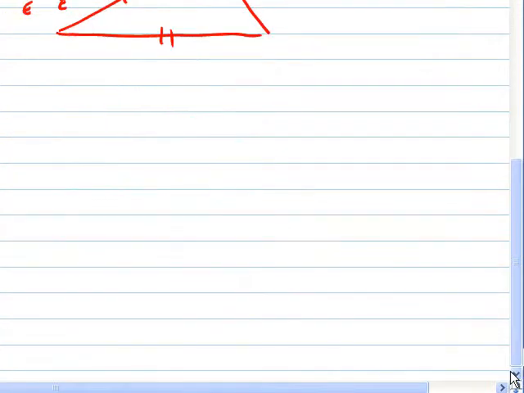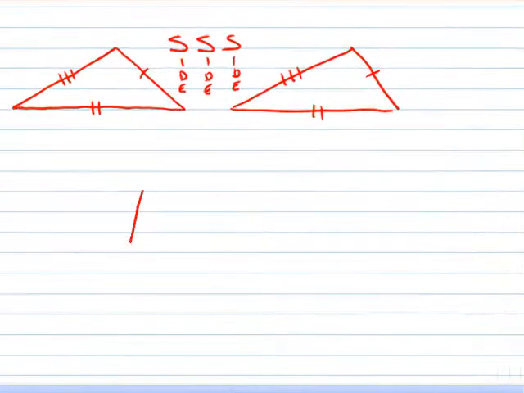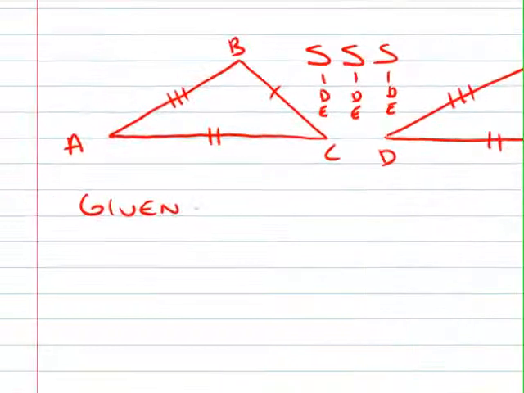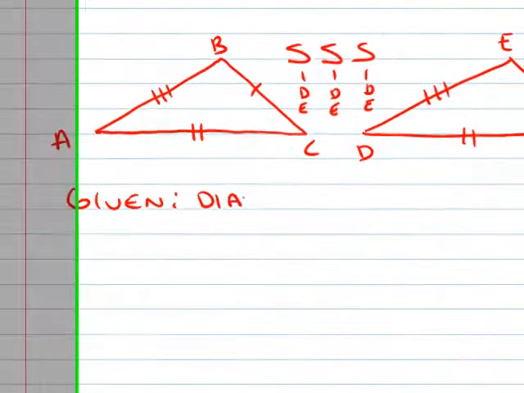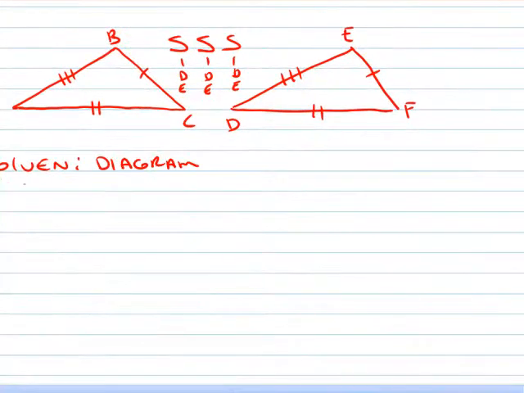And here's how this works. Let me use the same drawing. Let me just put some A, B, and C, and D, E, and F. Given that drawing, prove the triangle ABC is congruent to triangle DEF.